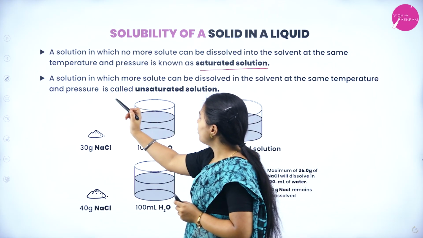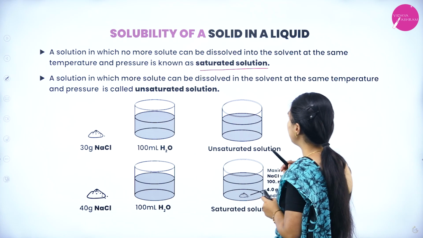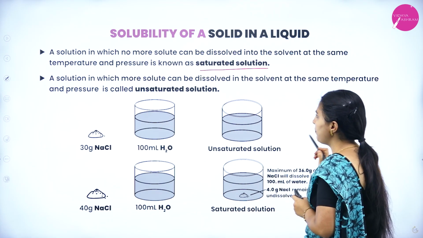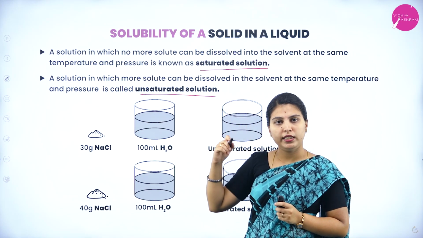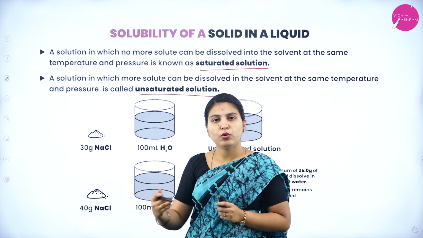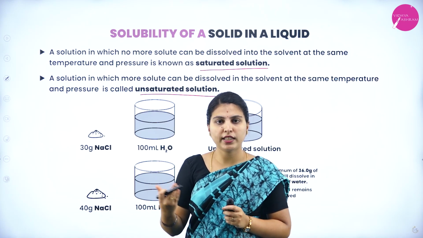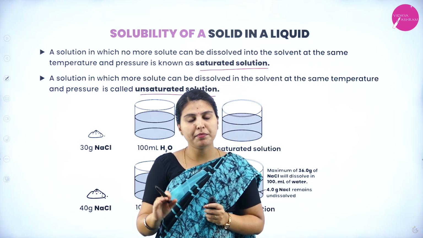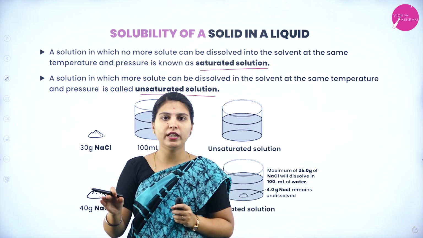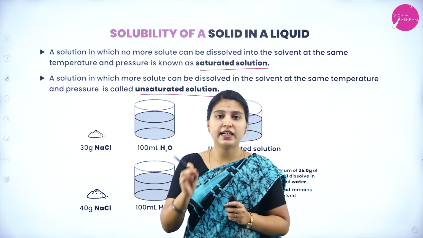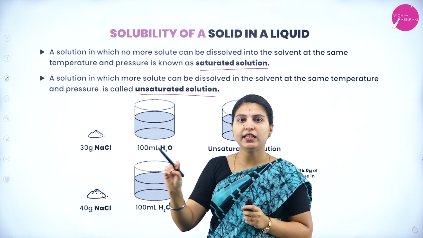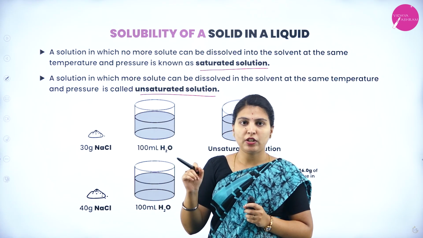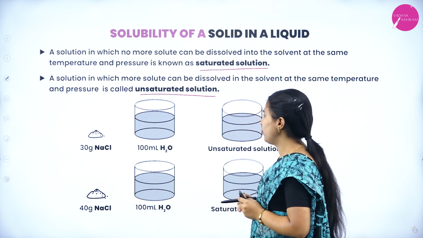Understand? A solution in which more solute can be dissolved in the solvent at the same temperature and pressure is called unsaturated solution. You can keep on adding solute to that solvent at the same temperature and pressure, and it keeps on dissolving. That solution will be considered as unsaturated solution. Where the solute particles remain as such after some time, we will call it a saturated solution.